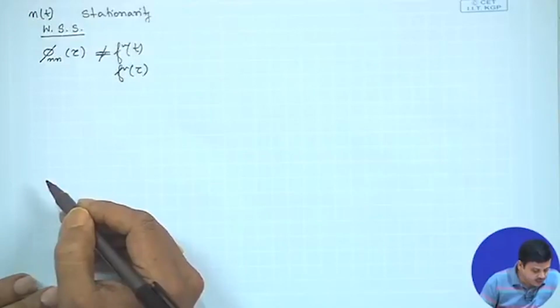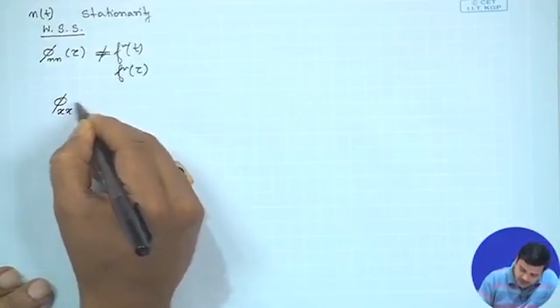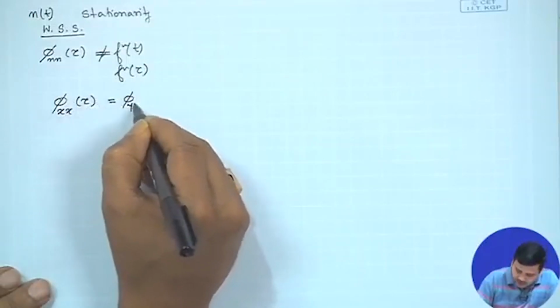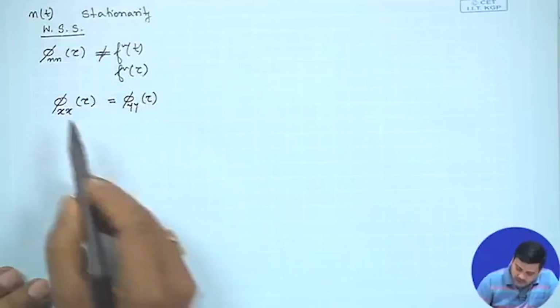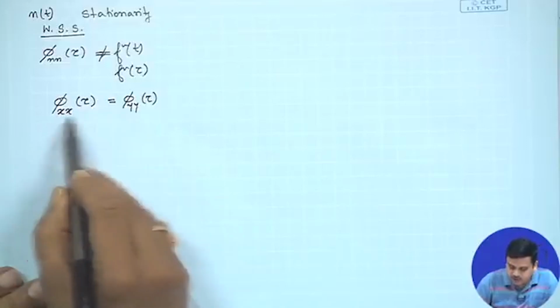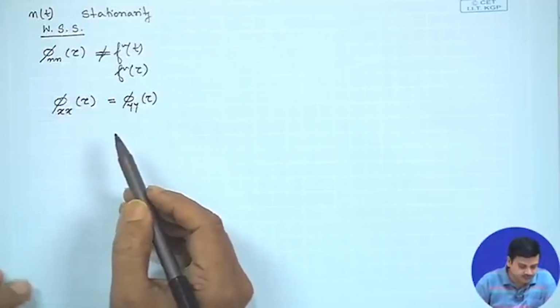Going by that, we arrived at a few relationships like φ_x(τ) is equal to φ_y(τ), where x and y are the I and Q components of the corresponding low pass equivalent quadratures of n(t). That is what we said.